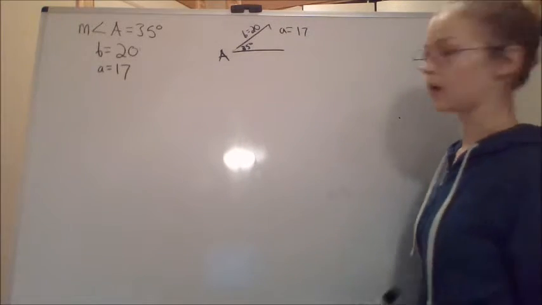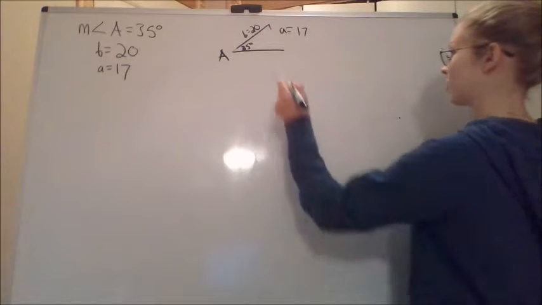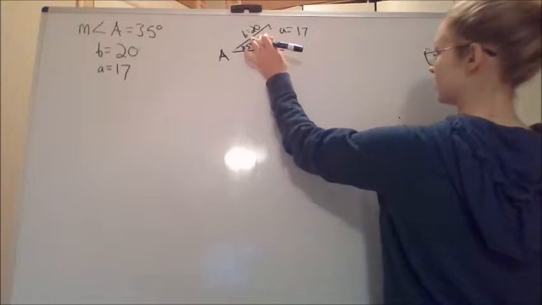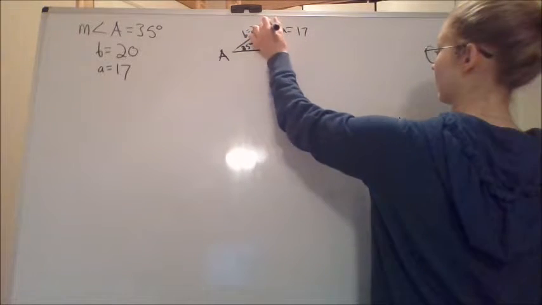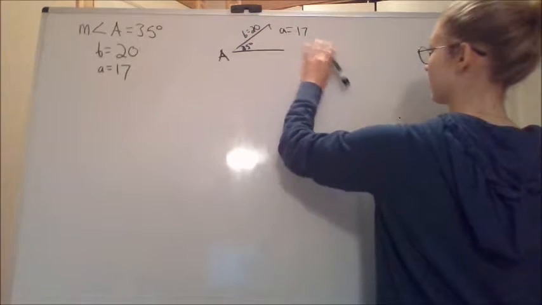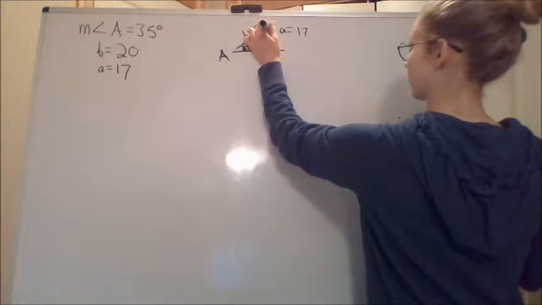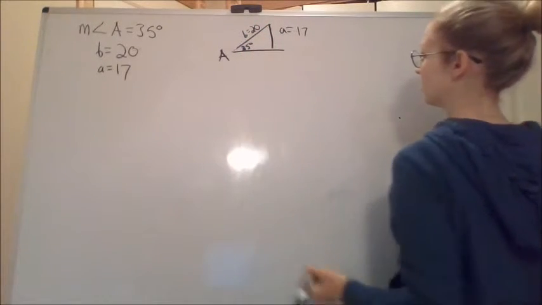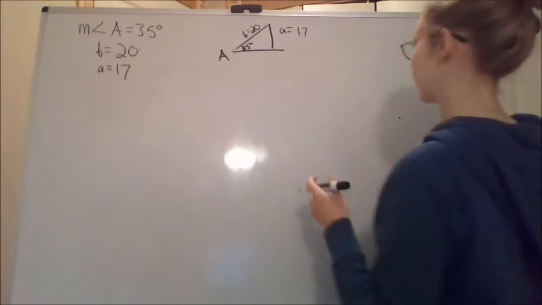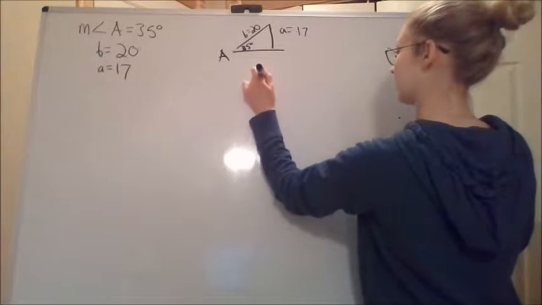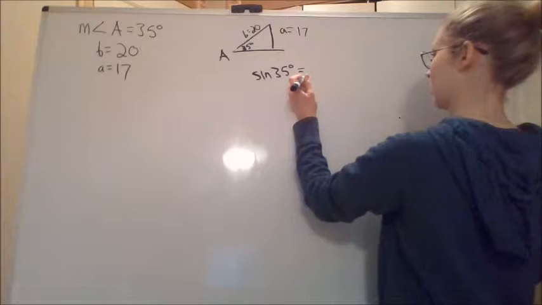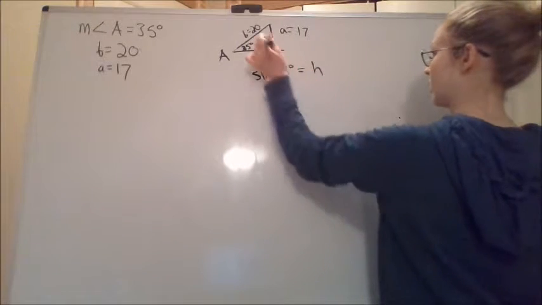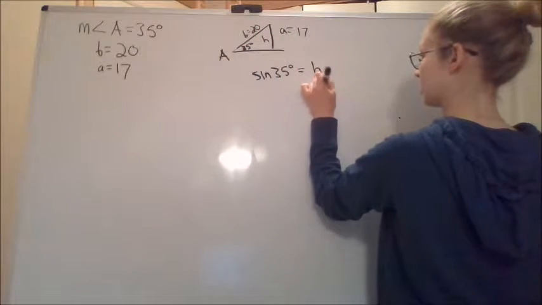First we're going to figure out what our height is. Since A is less than B, we know that we're not going to have a triangle that's like this. So we should start with finding our h value, and we can use our simple sine function to do this. Sine of 35 degrees is going to equal opposite over hypotenuse, so it's going to equal h divided by 20.